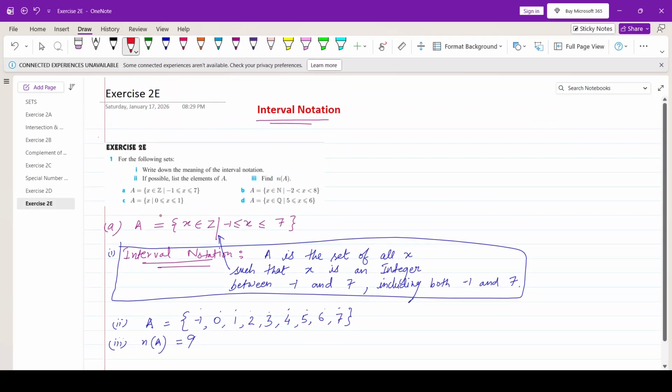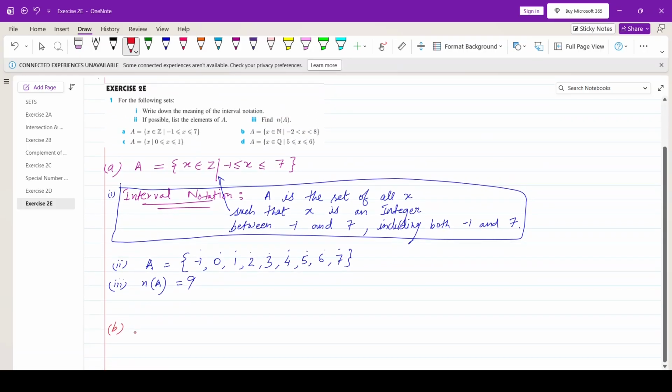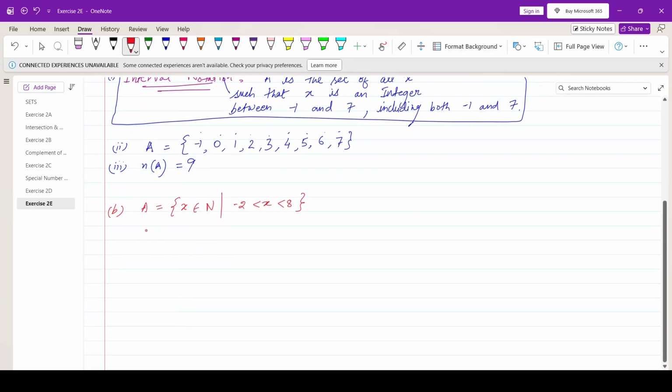Now part B says, A is equal to this. Now we know N is the set of all natural numbers, that is 0, 1, 2, 3, 4, 5, and so on till infinity.